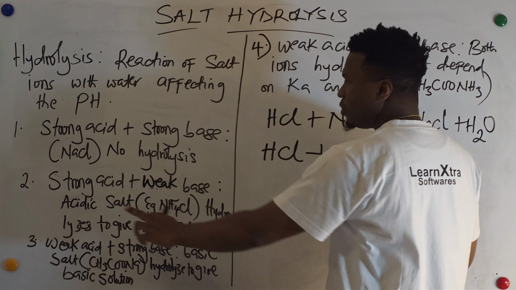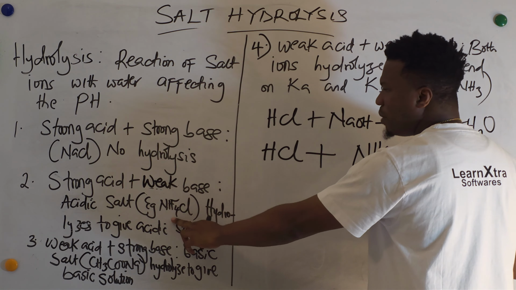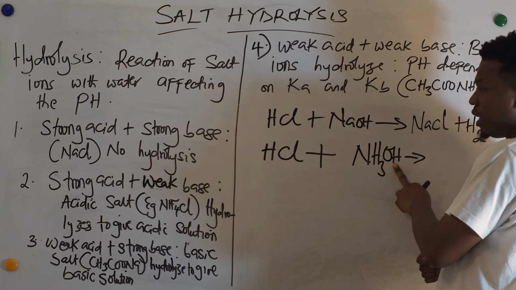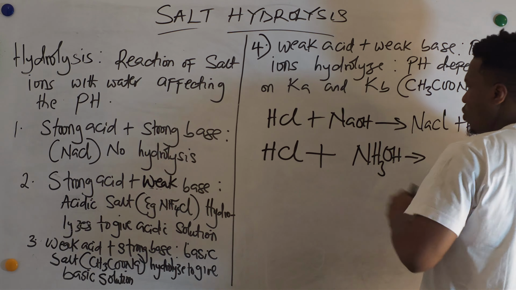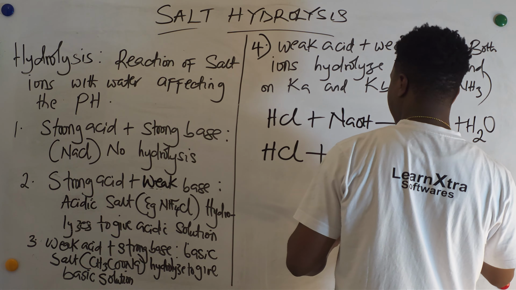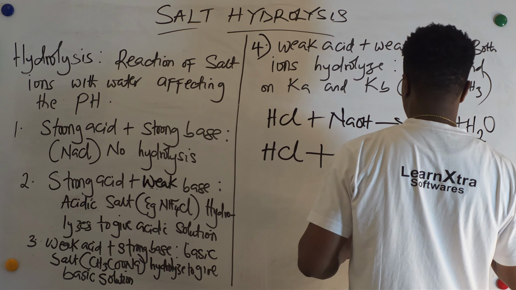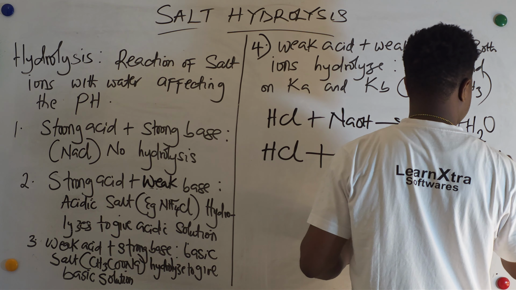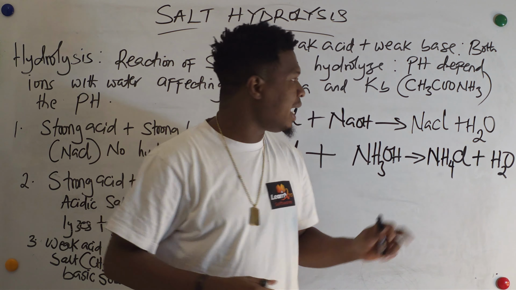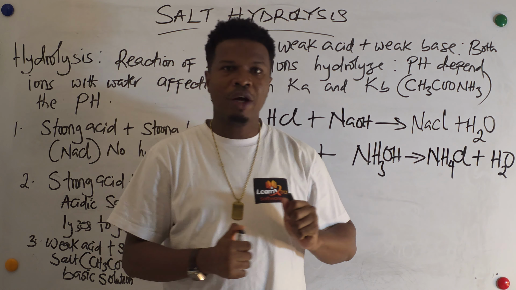We have a strong acid, which is this hydrochloric acid, for example, and we have a weak base, which is ammonium hydroxide, okay? So if you react this with this, what you're going to have here is ammonium chloride plus water, okay?